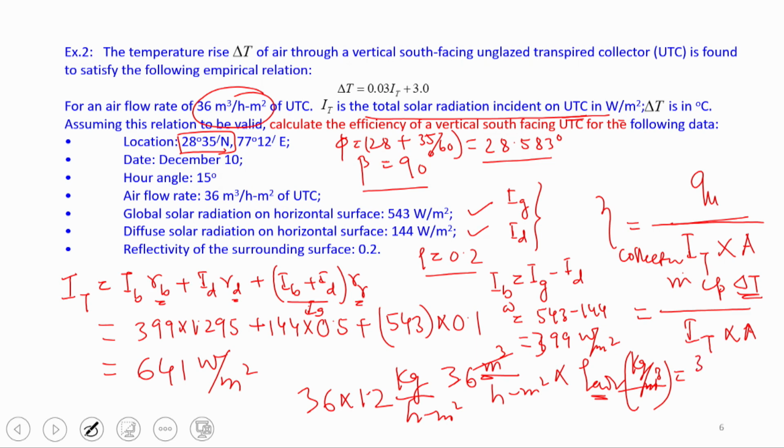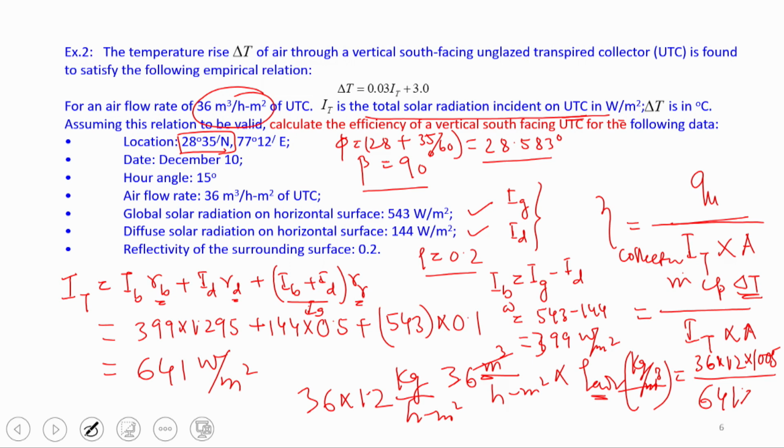That means you can use this 36 into 1.2, and Cp of air is 1005 you can consider. Then you will have IT is 641.